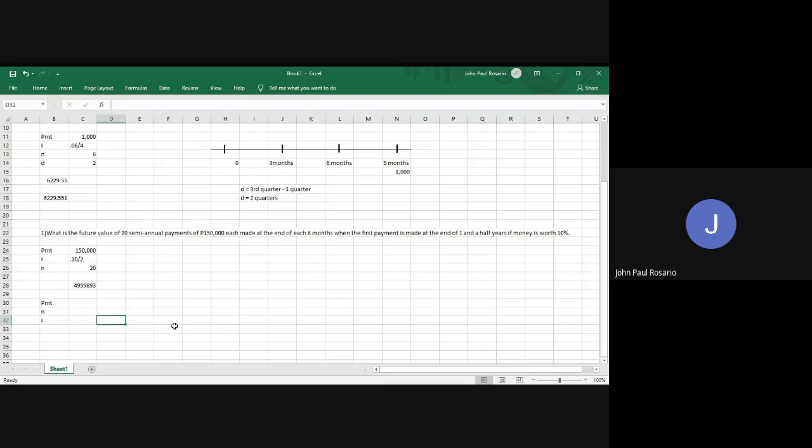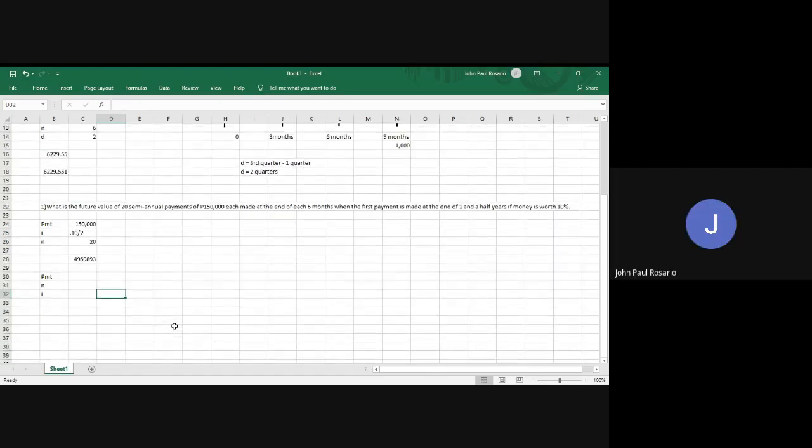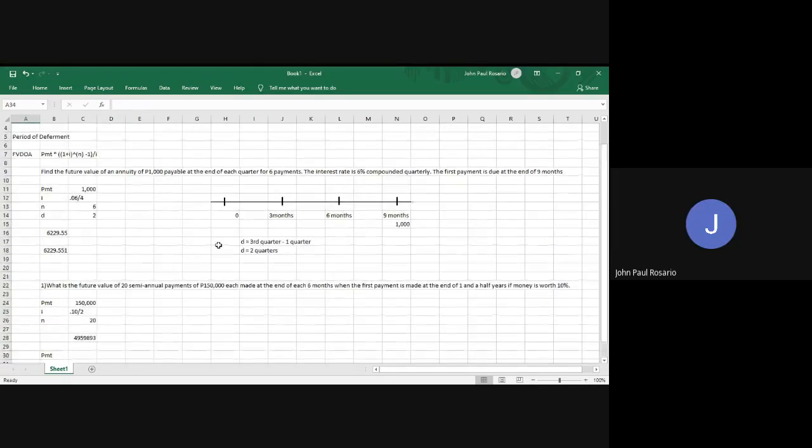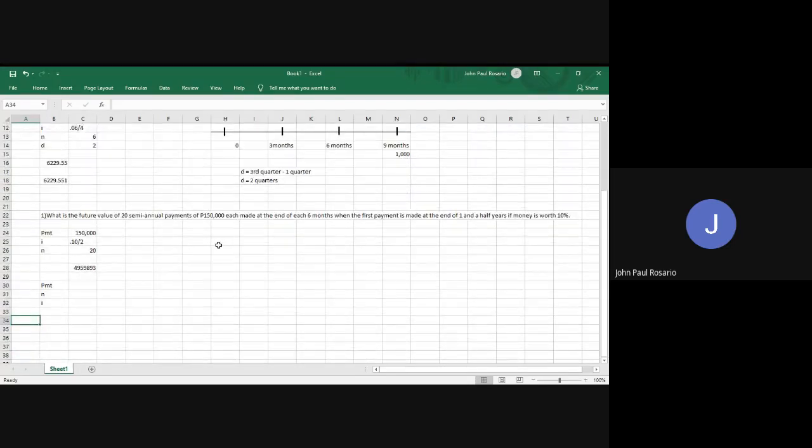Okay? Noted? Yes, sir. Okay. Now let's go to present value of deferred annuity because I will give emphasis to this one, kay kani siya is a different formula.